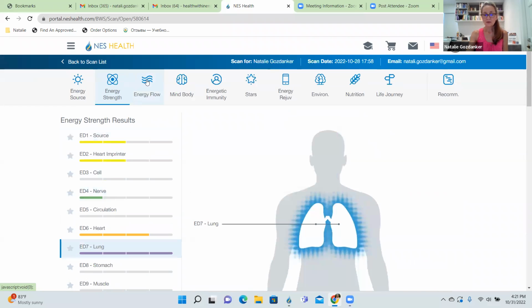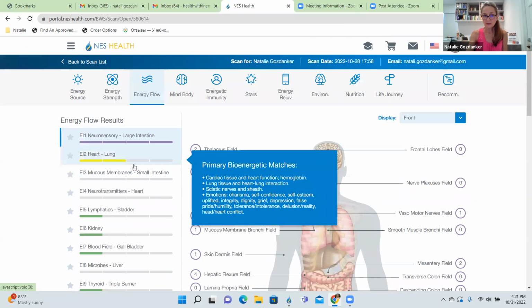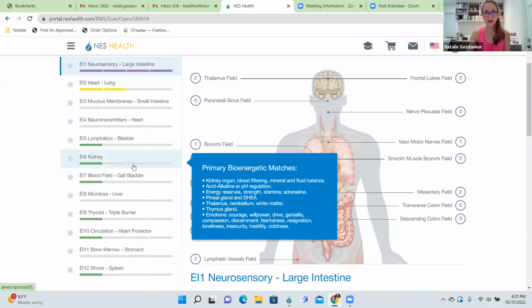Okay, so on that particular screen, no more priorities were seen, but the bottom line is that there are 12 main pathways of information, which are again similar to traditional Chinese medicine.